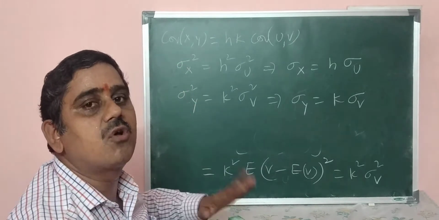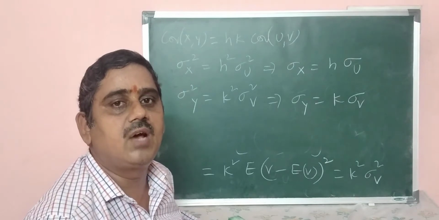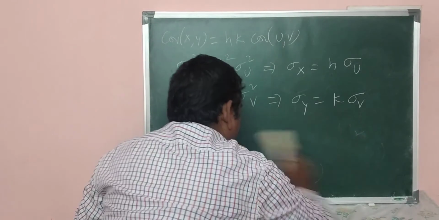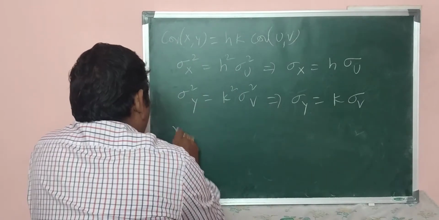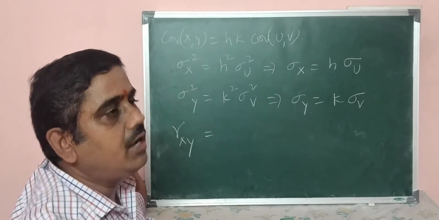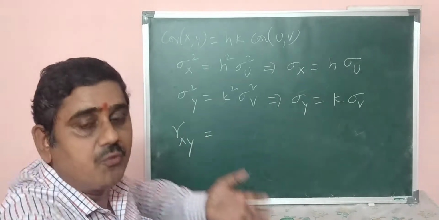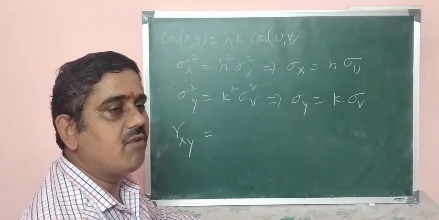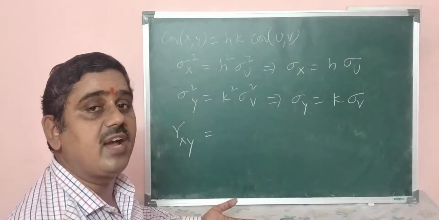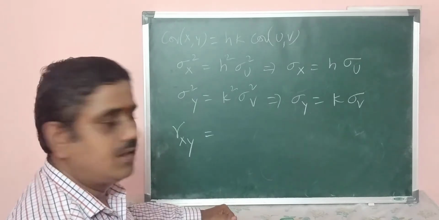Now we can calculate the correlation coefficient. What is the formula? I am writing Rxy to identify the variables, because you have two pairs of variables: x, y is one pair, and u, v is another. So the correlation coefficient of x, y is Rxy.